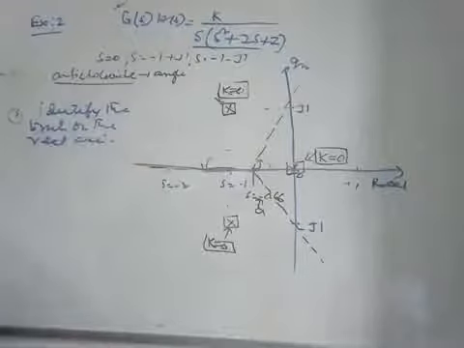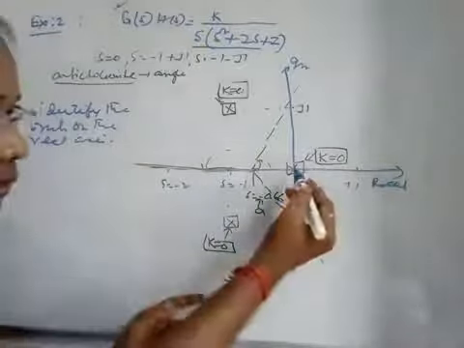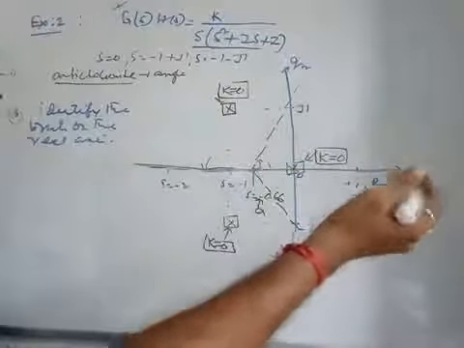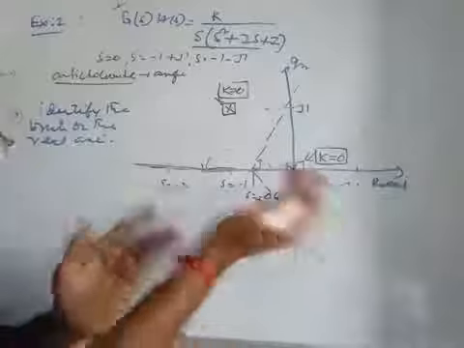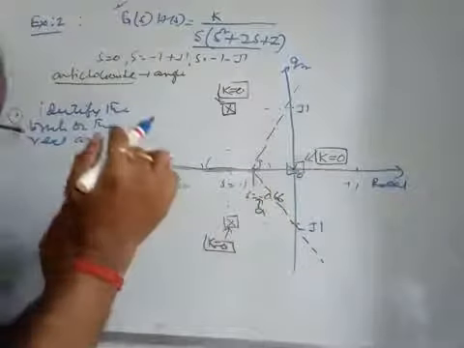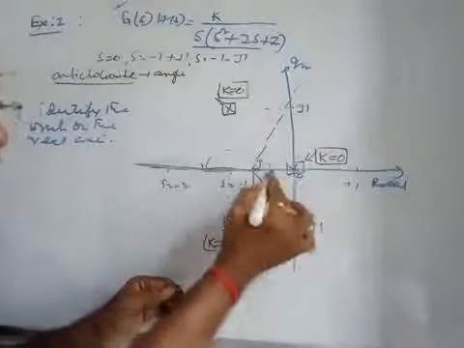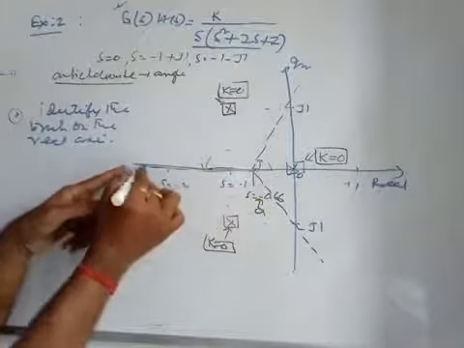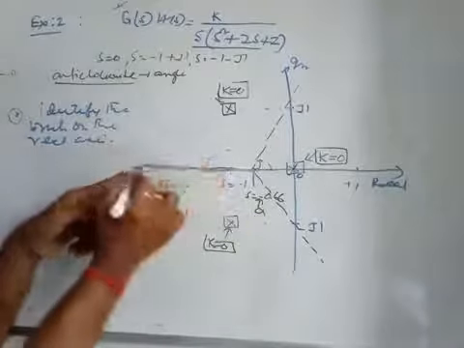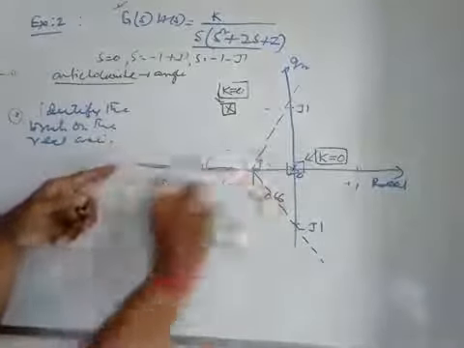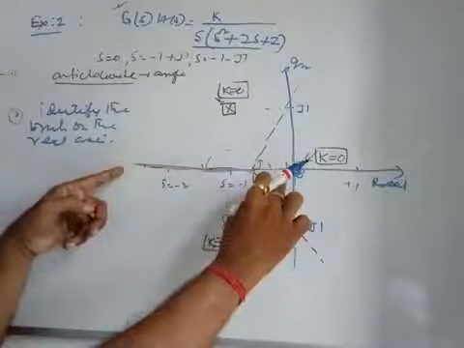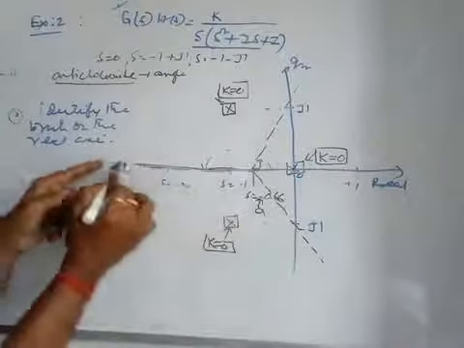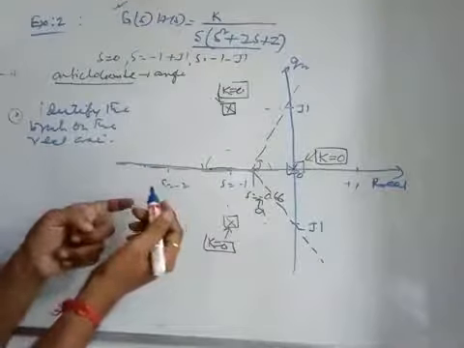You have to consider the rightmost pole and see whether there is any pole to the right of it. There is no pole. So you have to consider any point to the left hand side of that particular pole. You may consider this point here, or this point here, or the point here for this case, because there is no pole or zero except this. So this point means the same, and any point up to infinity has the same features.